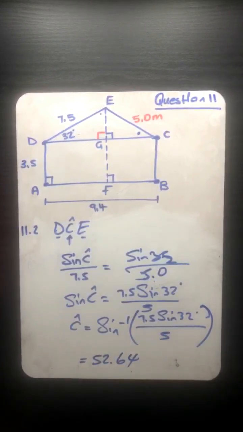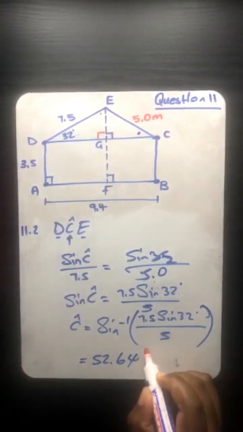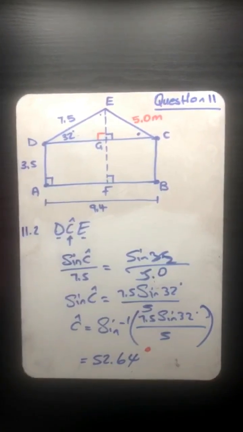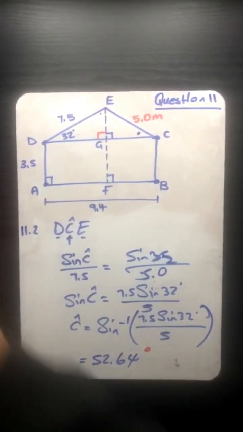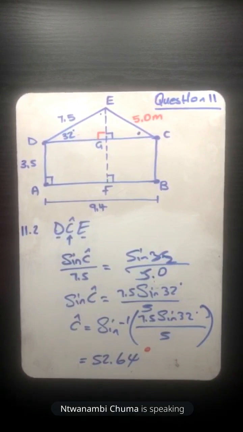Can you tell me why I'm going to give the honorable member 0 there? Degrees. Can someone tell me why I'm going to give 0?